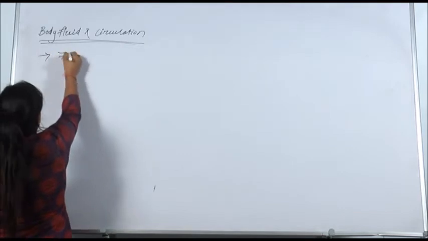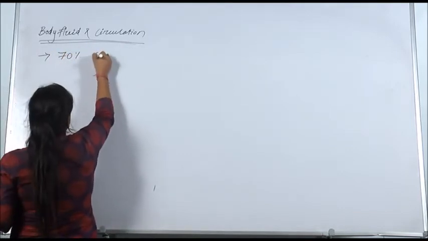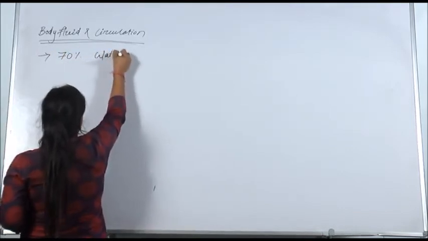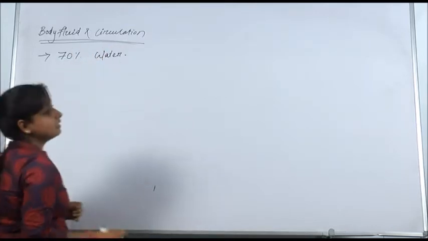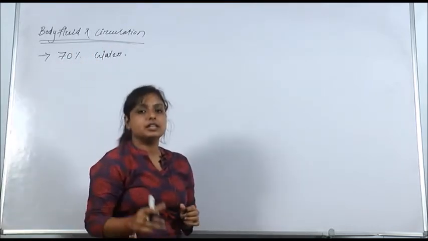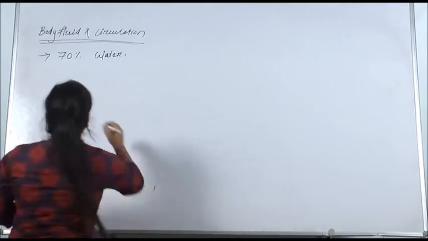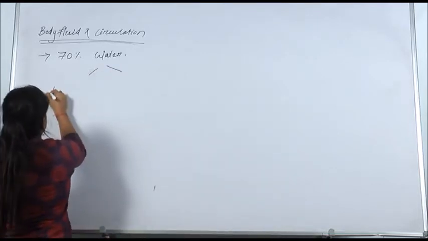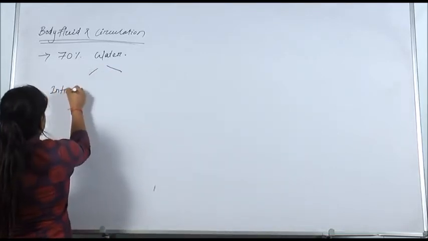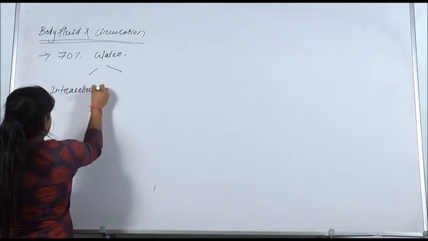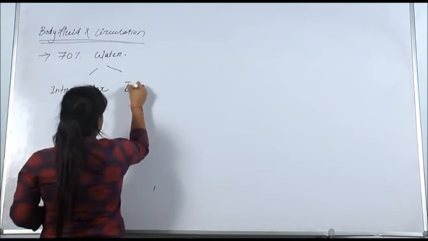The most important thing is that every organism's body is made up of 70% water. This water present in the body of an organism is divided into two parts. Either it can be intracellular or it can be extracellular.